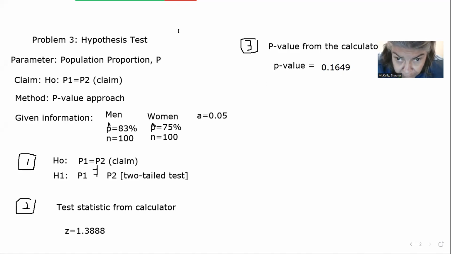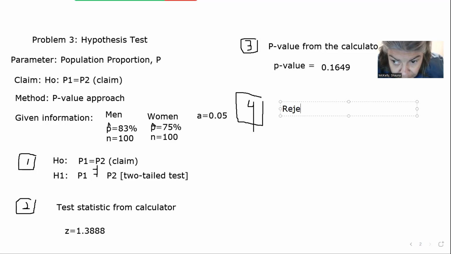Now, step 4 is the decision rule. So we're going to make our decision. And remember, we're making our decision by means of comparing P to alpha. So step 4 here is going to make our decision to reject H0 or do not reject H0.